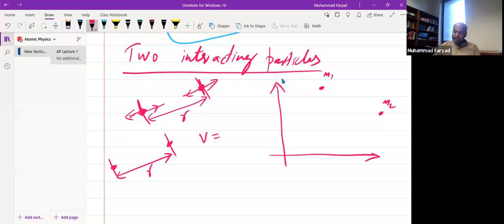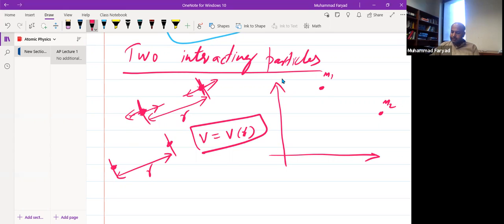So the potential is a function of the distance between the two particles only. That's a characteristic of the central force. So that's the type of interaction that we are interested in right now.